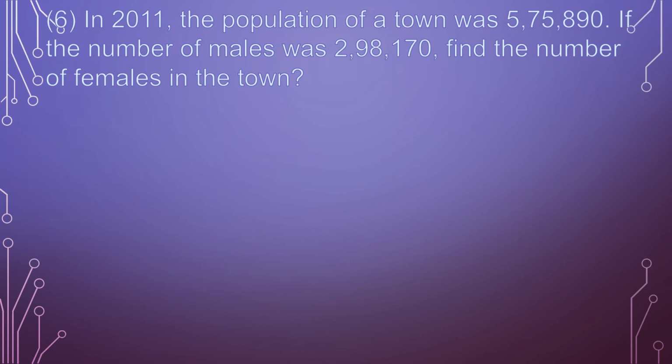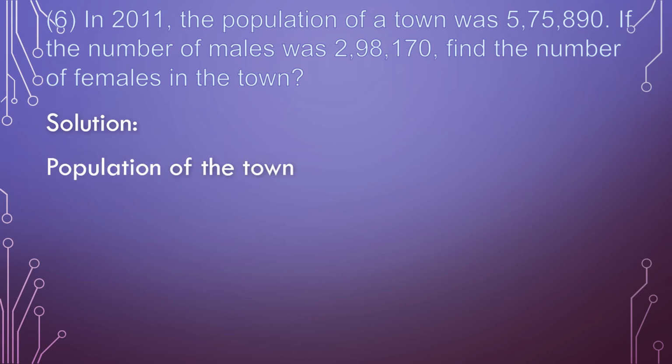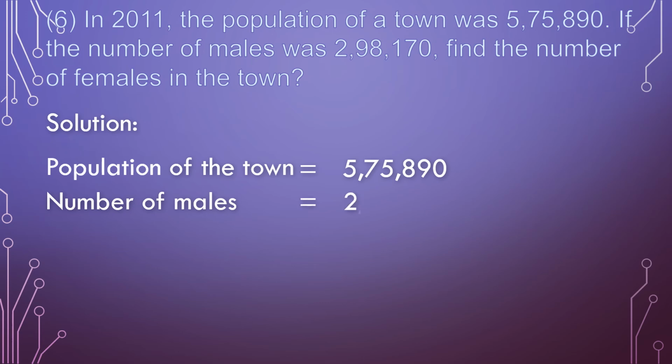Suppose total students in your class is 50. If the number of boys is 30, so the number of girls will be 50 minus 30 is equal to 20. So we need to do subtraction. Let's start the solution. The first statement is population of the town is equal to 5,75,890. And the second statement is number of males is equal to 2,98,170.